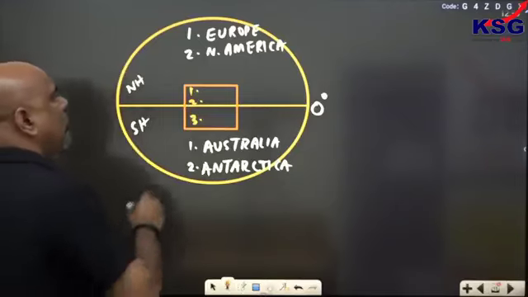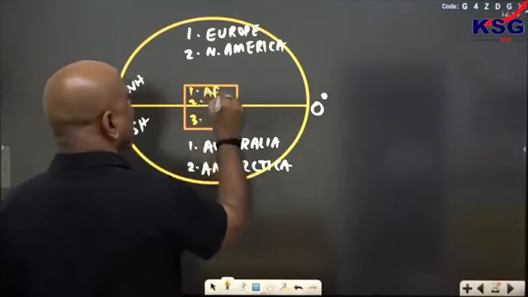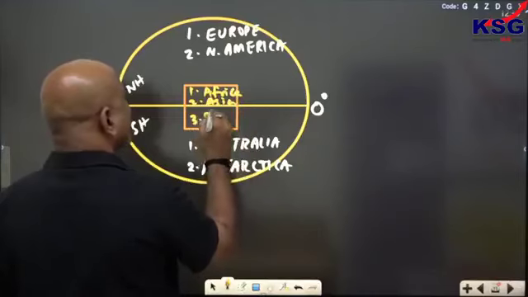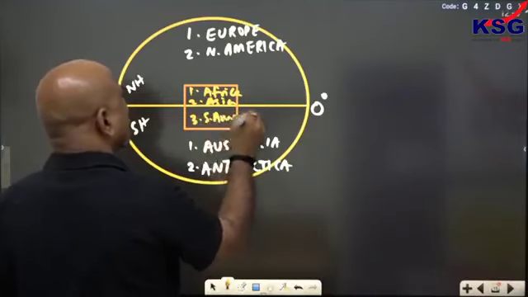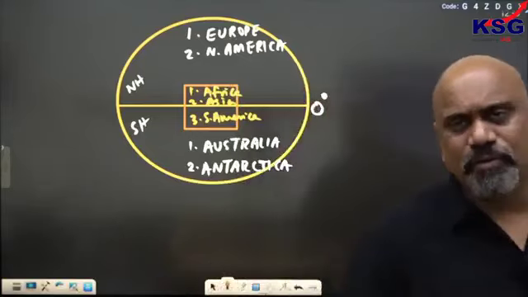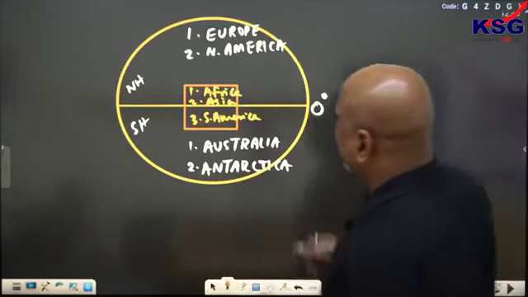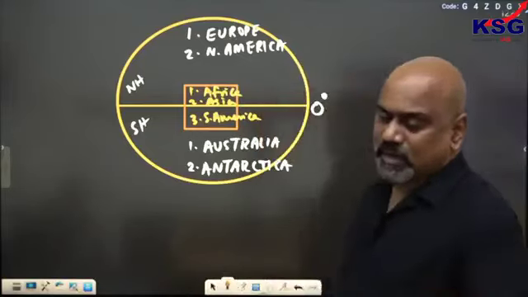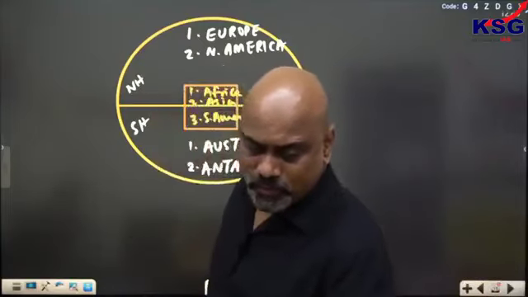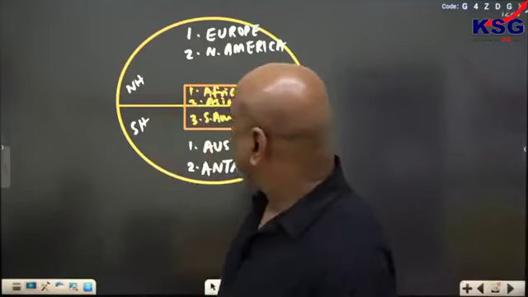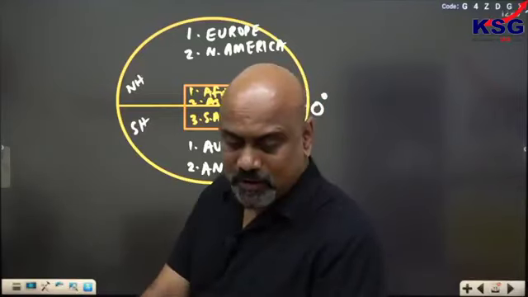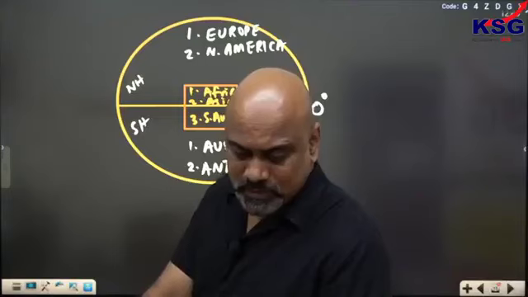One is Africa, second is Asia, and third is South America. So the equatorial climate is found in these 3 continents only.